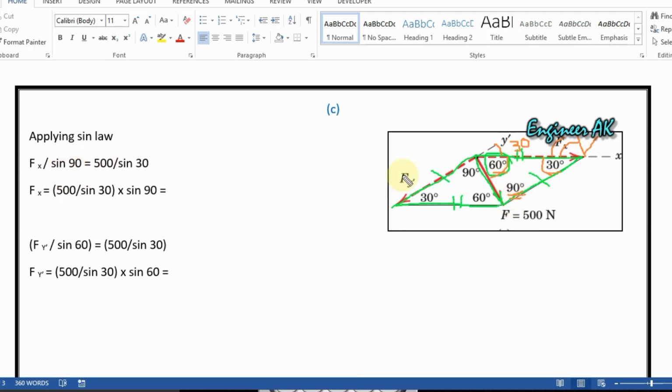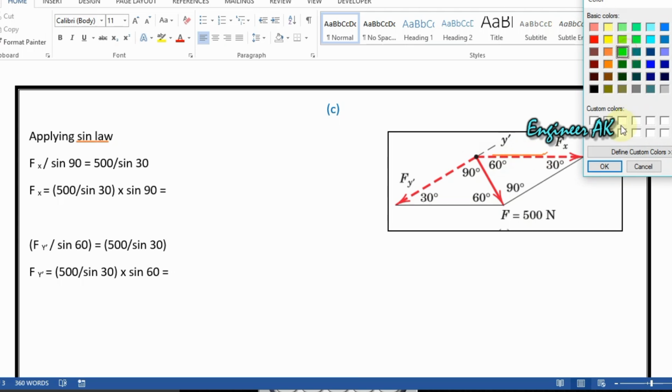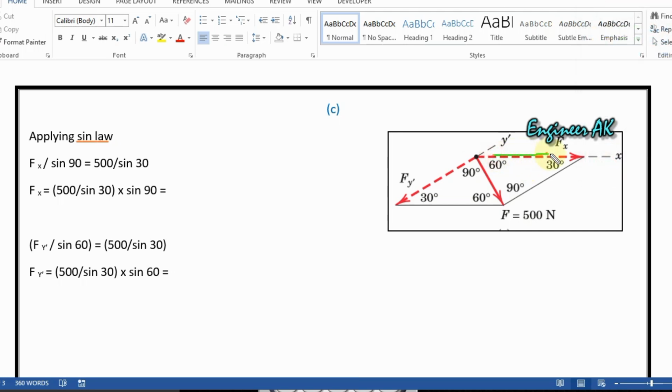So here I have used the sine law, right? I have applied the sine law. So this is the F of x, and in front of it is this angle. So F of x divided by sine 90, and then this is that 500 Newton force, and in front of it there is this angle, divided by sine 30, right?